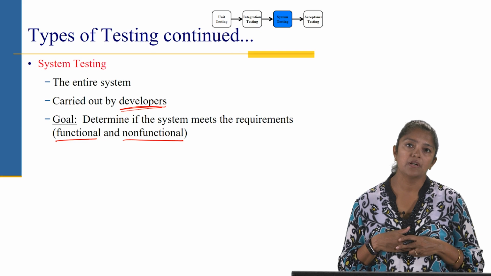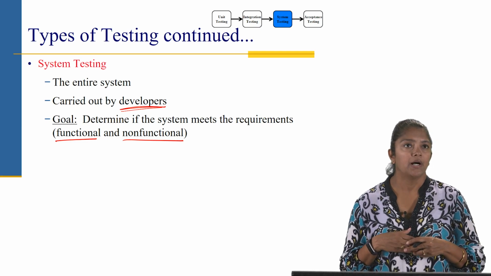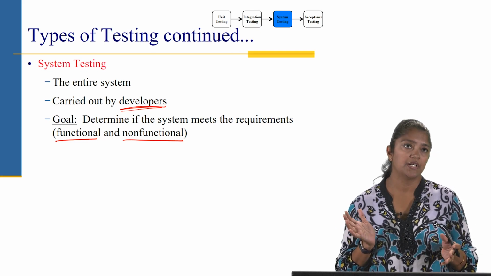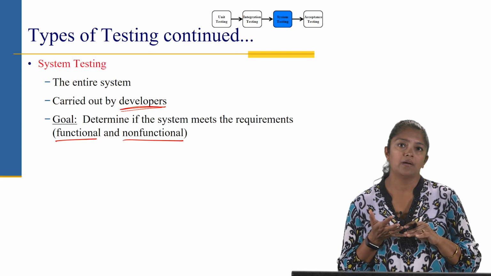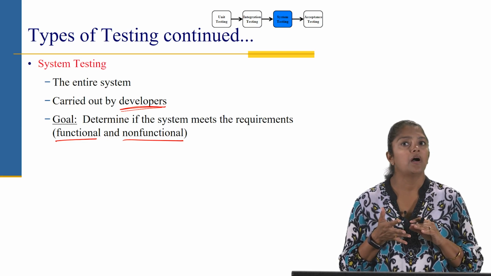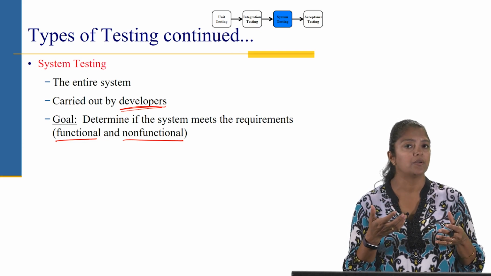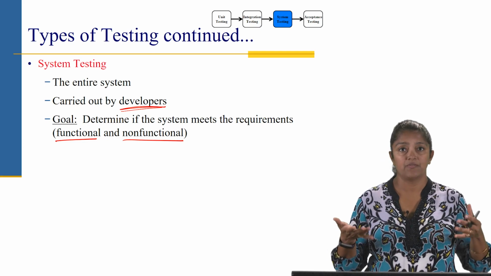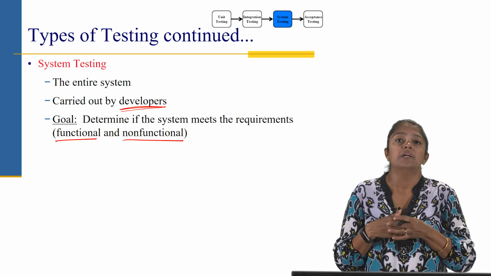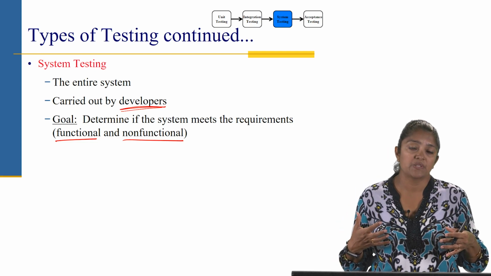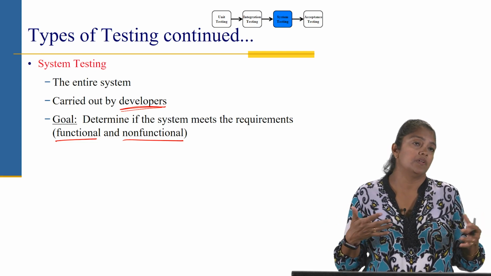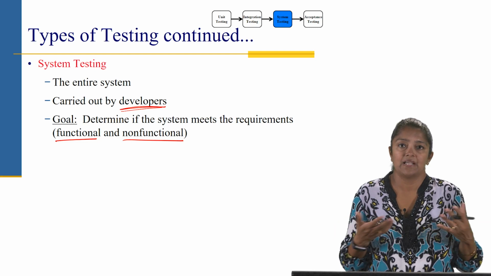Now non-functional requirements are basically other kinds of things other than the functionality, things like how well is it expected to perform, how quickly is the system expected to provide answers. So say for example, if it's a search engine, then what is the expectation? The results should be returned in less than 1 second.